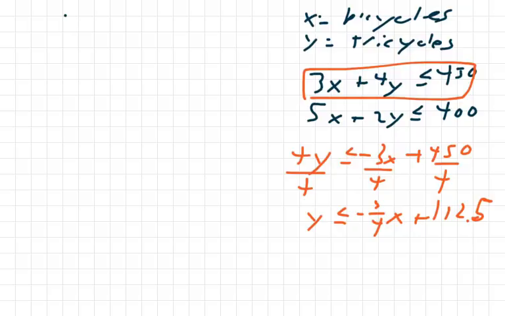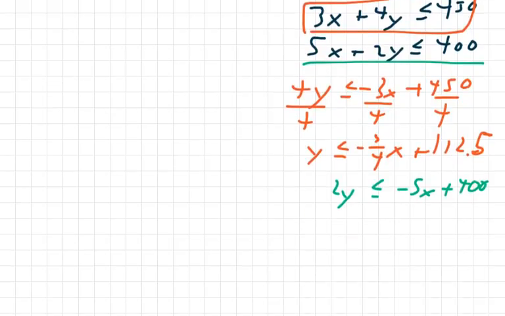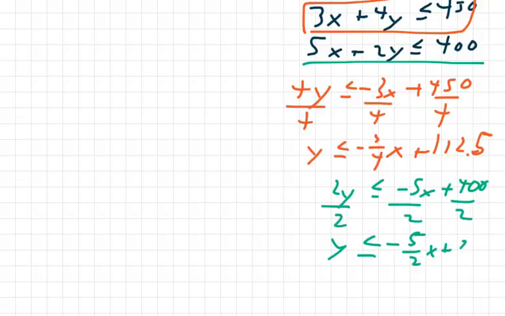And then for the green one, I have +2y is less than or equal to -5x plus 400, which means when I divide by 2, we get y is less than or equal to -5/2 x plus 200.